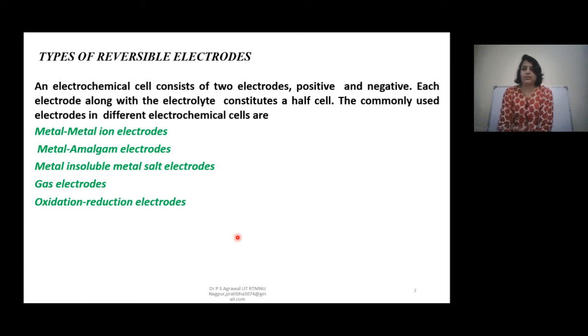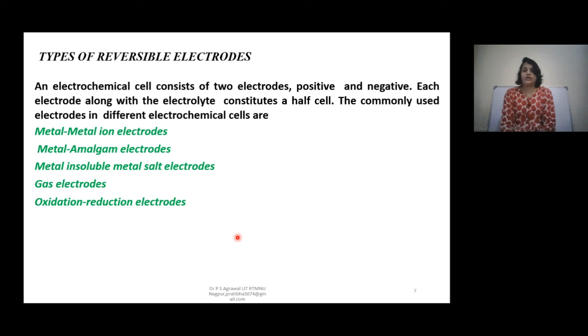For thermodynamic treatment of a galvanic cell, it is essential that these cells operate in a thermodynamically reversible manner. We want a reversible cell. So in order to find out if a given cell is reversible or not, it is connected to an external source of EMF acting in the opposite direction. Any cell will be reversible if it satisfies three conditions. If the opposing EMF is exactly equal to that of the cell itself, no current is given out by the cell and no chemical reaction takes place.